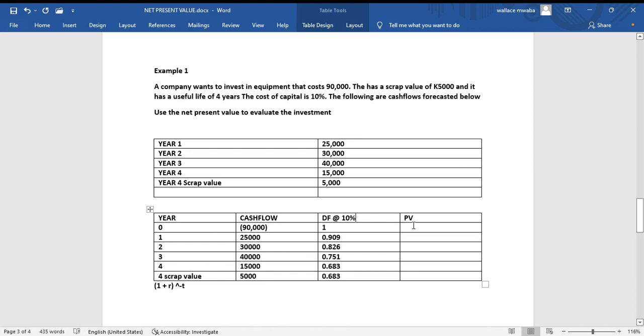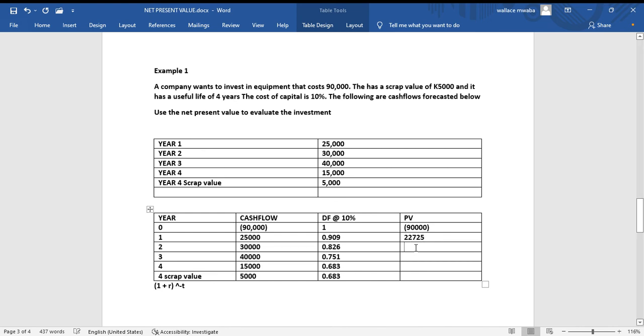Negative 90,000 times 1 is negative 90,000. And 25,000 times 0.909, we get 22,725.